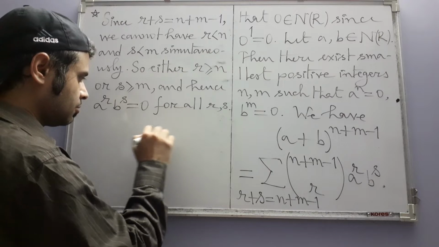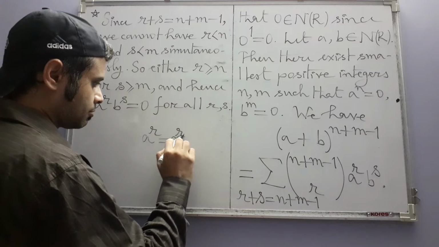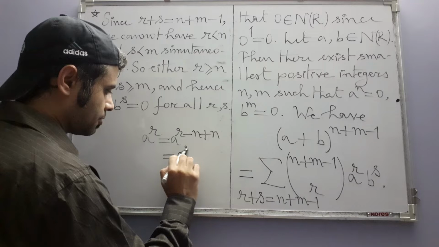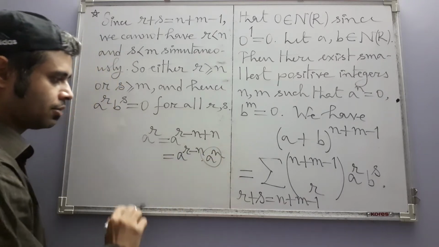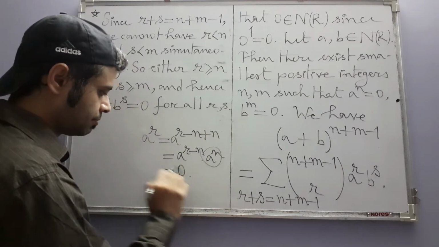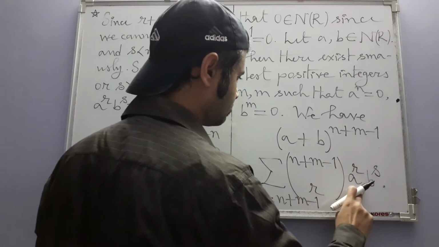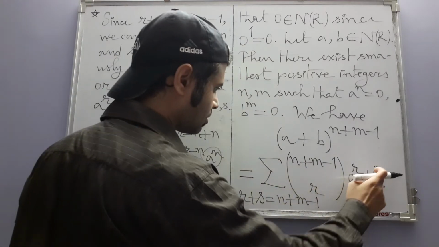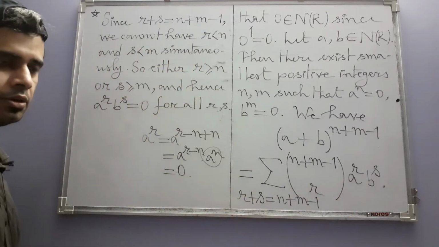So if this happens, then we can write it like this. Using one of those rules of exponents, you get this, and this nth power of a is 0, and so the product becomes 0. So that means if this inequality is true, then the rth power of a is 0. Just like that, if this inequality is true, then the sth power of b is 0. That means all these terms are actually equal to 0.